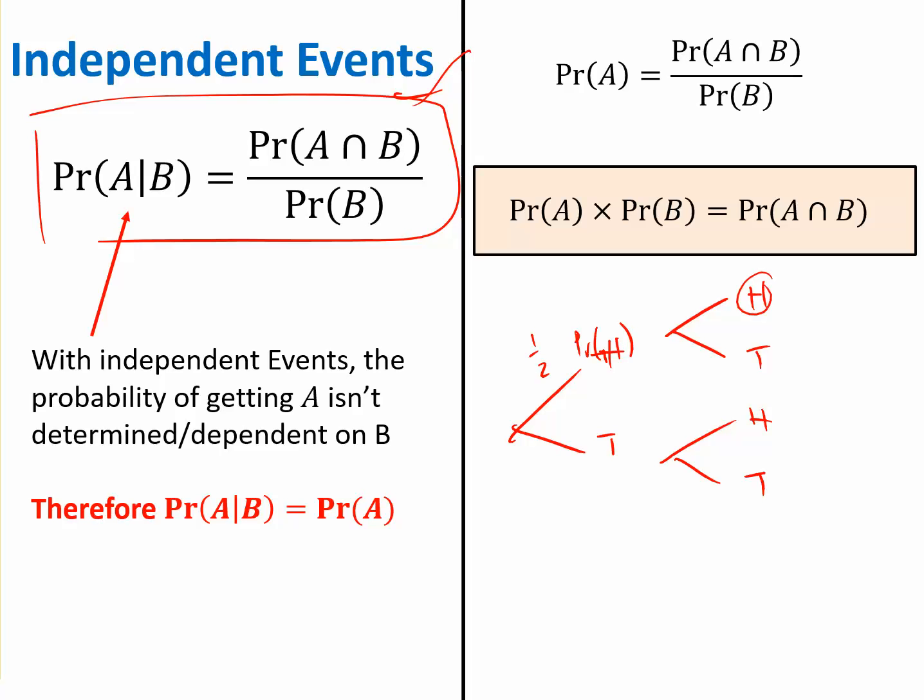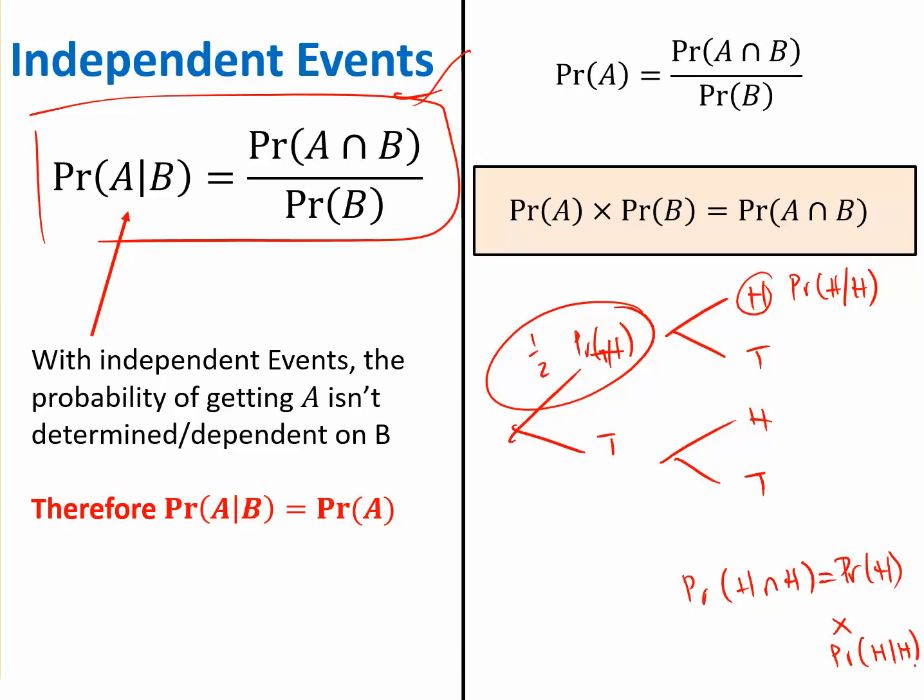And then this is not just the probability of H. This is actually the probability of H if I knew I had H on the first go. If this was my first go, chance of getting H, half. Second go, chance of you getting an H on the second go, given that you knew H had occurred. So in this case, if you had to find out the chances of getting H and H, you would tell me it is PR of H multiplied by the probability of getting H given that H occurred before.